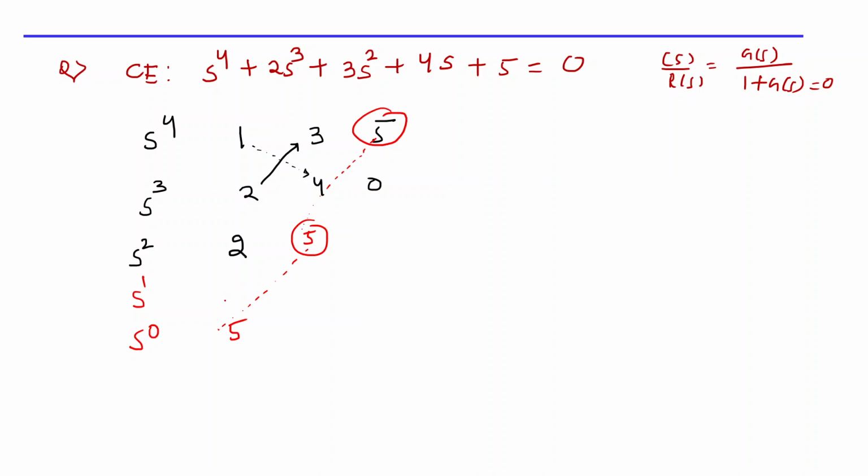Now tell me what is the coefficient of s to the power 1. That is 2 into 4 is 8, minus how much? 6 minus 4 is 2, divided by 2 is 1. This term is 1.